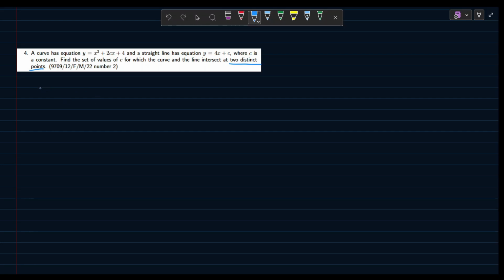So two distinct points tells us that our discriminant b squared minus 4ac is greater than 0. This is the scenario in which we get two real roots or two distinct roots.